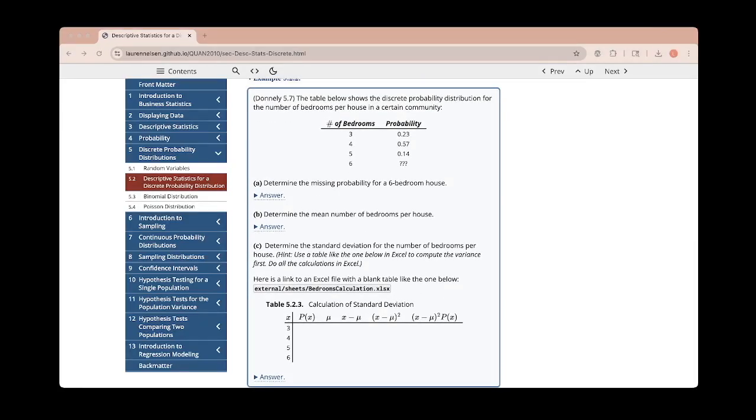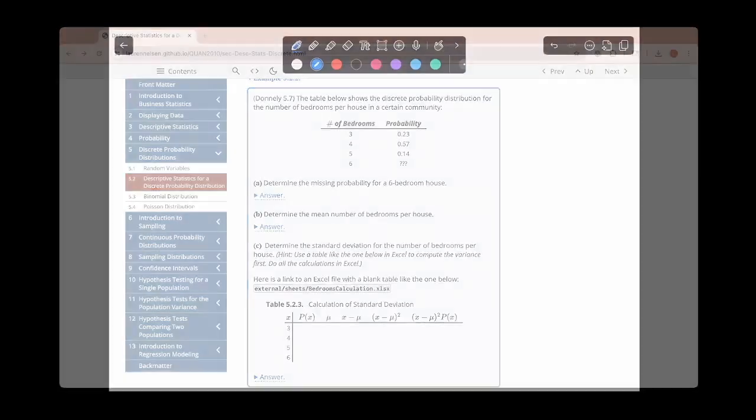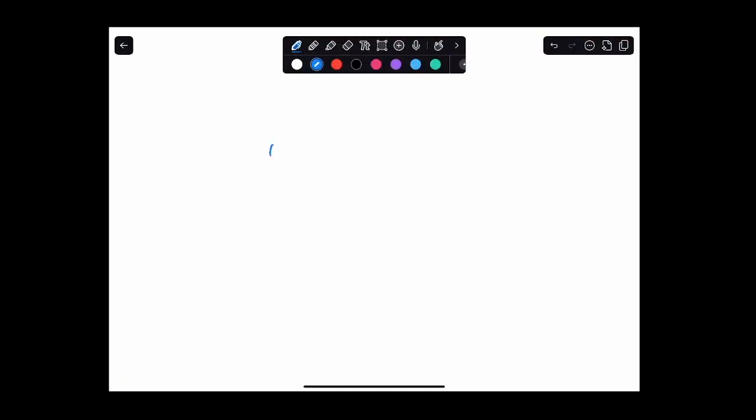So let's start finding that missing value. Well, all of the probabilities have to add up to 1, so we could figure out what the other 3 numbers add up to and subtract that total from 1. So here, all the other probabilities were 0.23, 0.57, and 0.14.